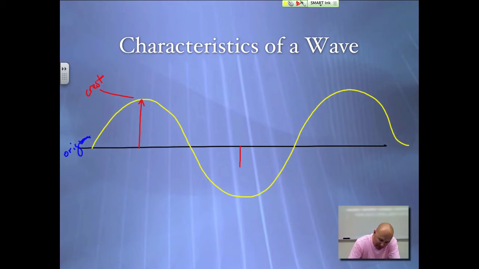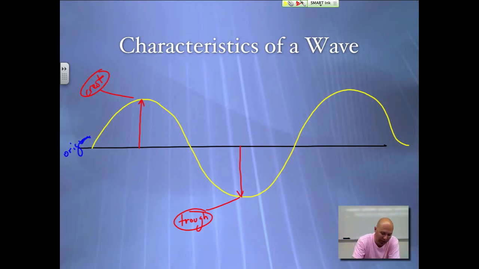The lowest part would be considered the trough of a wave. So we have our crest and a trough, and they are the same height or depth, you could say, from the origin.